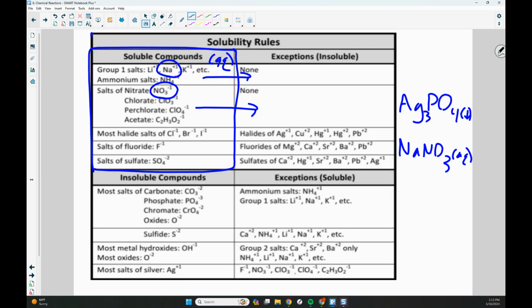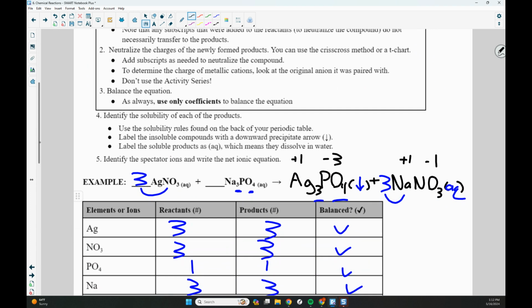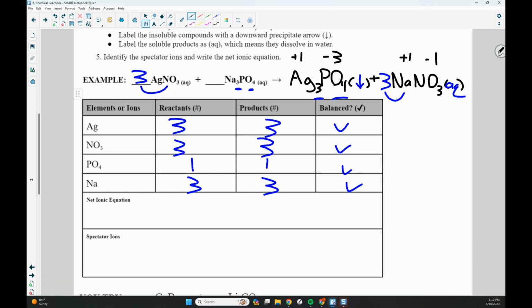So let's go back to the example here, and let's write all that stuff out. So as I said, only the silver and phosphate actually do anything, so that's going to give me my net ionic equation. I'm going to have 3 silvers with a +1 charge, and they're aqueous to start with.